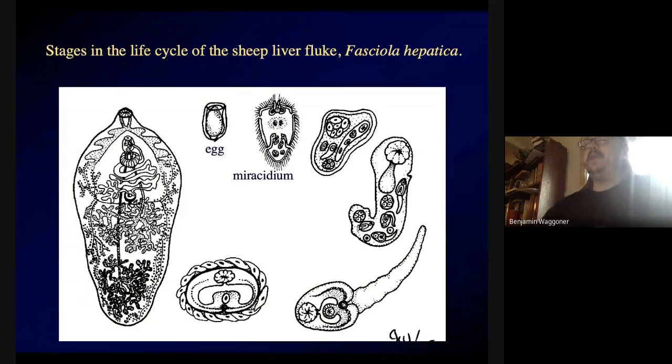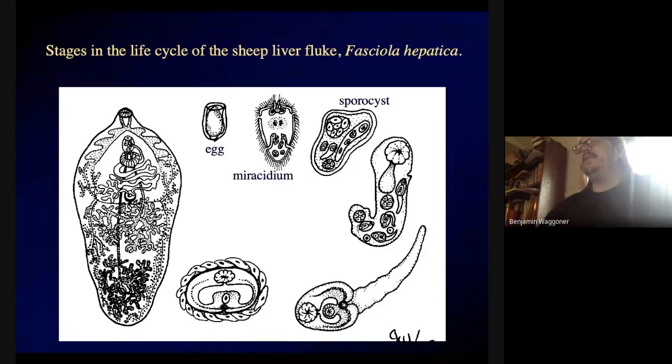The miracidia larvae will swim just in the dew, the natural moisture in a grassy pasture, especially if it's wet, or if it's just rained, or if it's kind of a flooded pasture anyway. The miracidia will swim around until they burrow into a snail. There they develop into sporocysts.